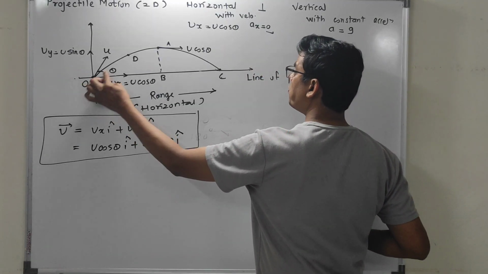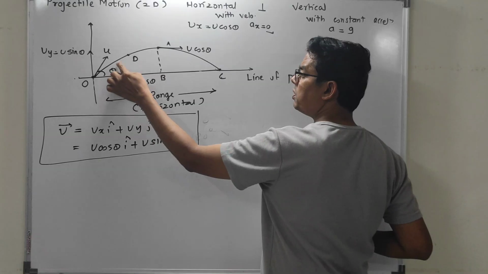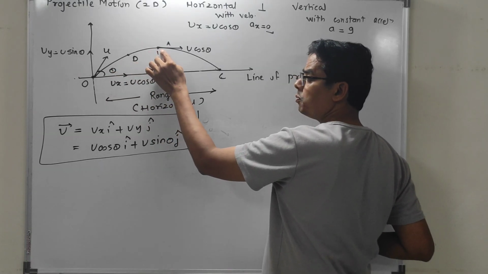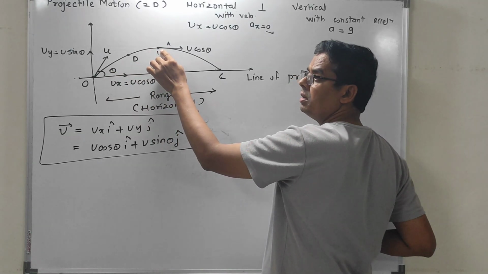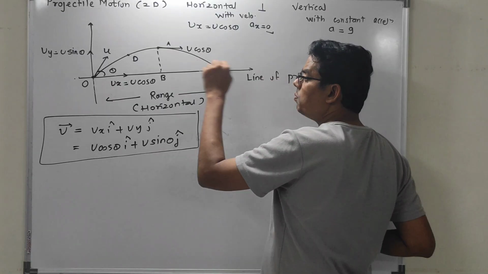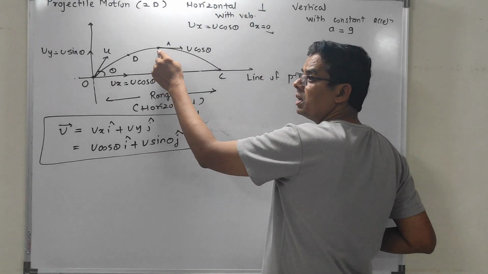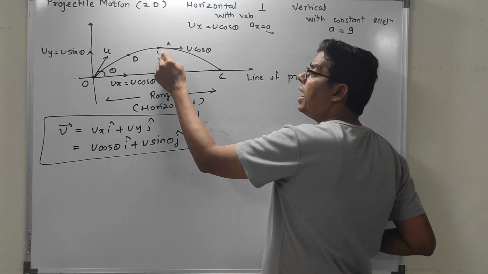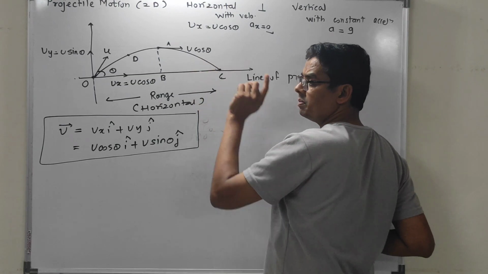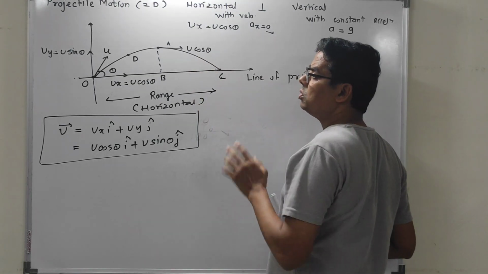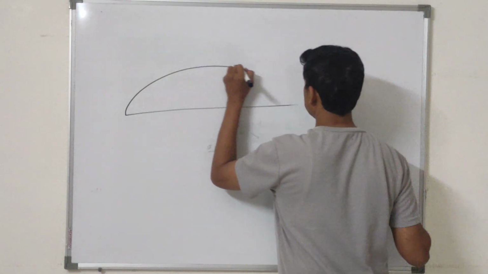When the projectile moves from point O to point A, its vertical velocity goes on decreasing, and at point A it becomes minimum and equal to 0. From point A, the projectile reverses its path and its velocity again goes on increasing. So vertical velocity keeps changing.